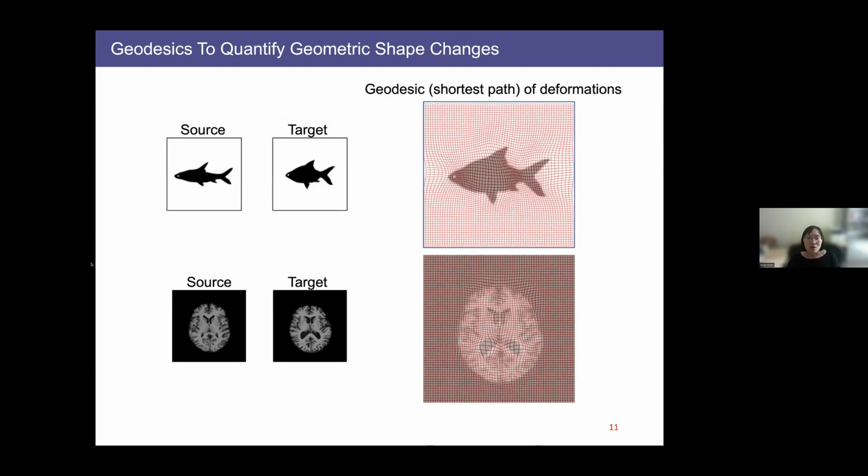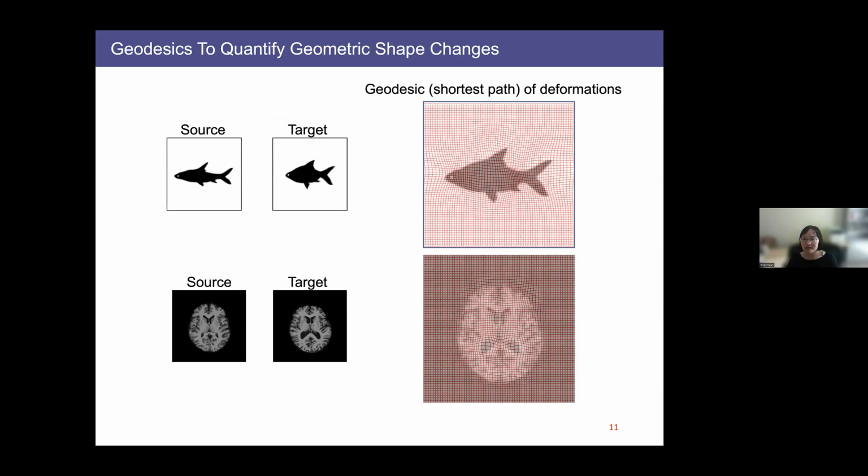So we want to look at the entire evolution, which mathematically we call a geodesic, the shortest deformation process between two objects. We want to know how exactly one shape evolves or deforms into a different shape.